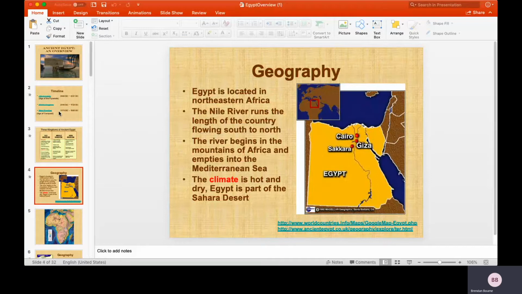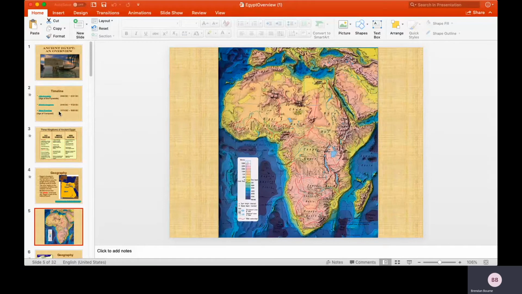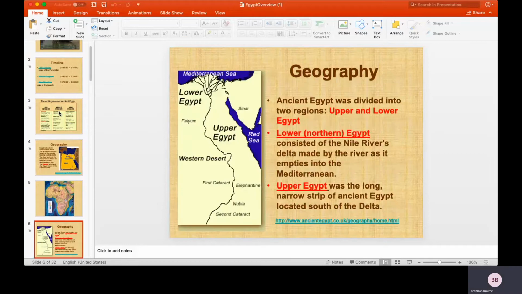And one of the reasons was because it had the advantage of having a really long river called the Nile River. And in class, we looked at what the reasons were that made the Nile so important to the people that were living there at the time.